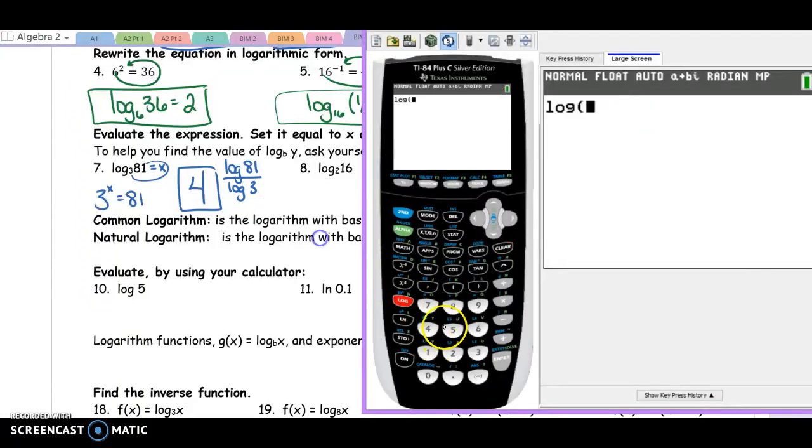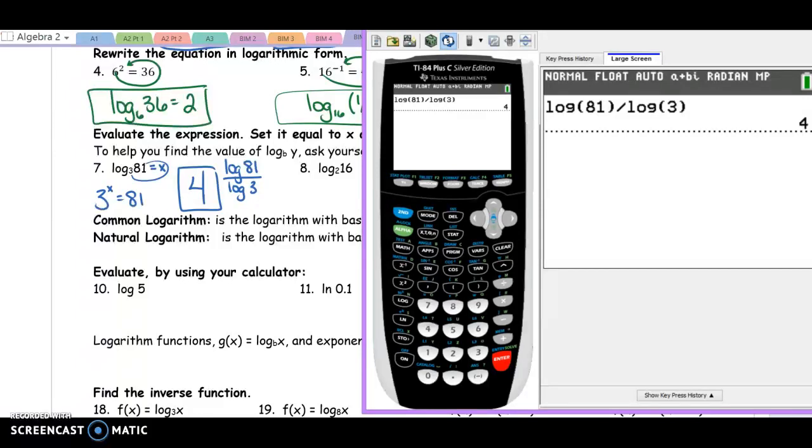Log button of 81, close the parenthesis, divided by log button of 3, and the answer is 4, which is what we got. The important thing is the base needs to be on the bottom. So log of whatever number is inside divided by log of your base, and that will give you your answer.